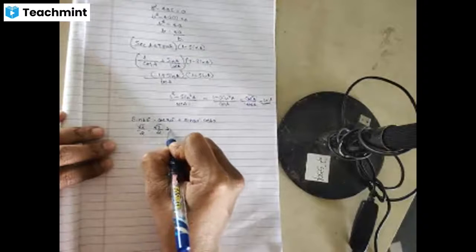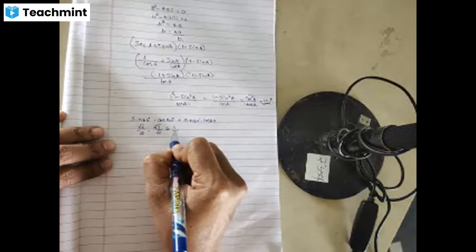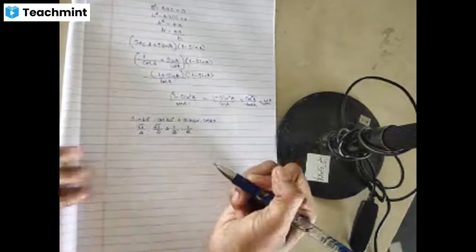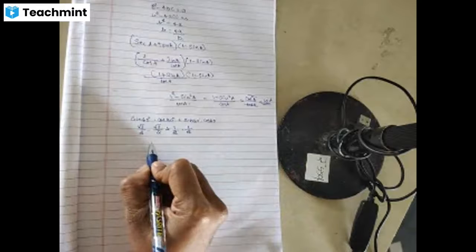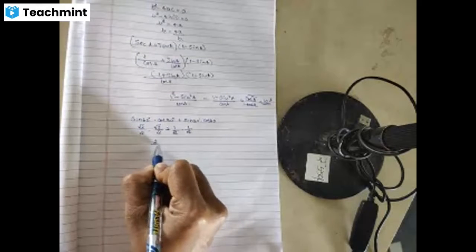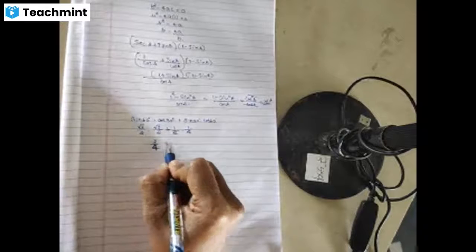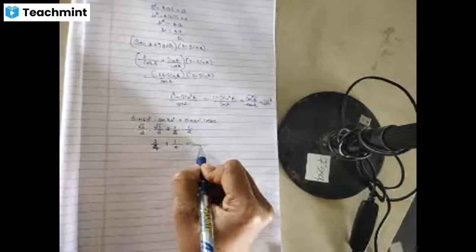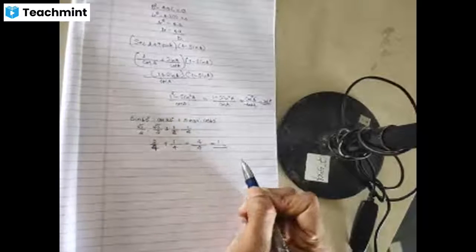Sin 30, 1 by 2. Cos 60, 1 by 2. Okay. Multiply. Root 3, root 3, root 9. Root 9 is nothing but 3. LCM is 4. Plus 1 into 1, 1, 2, 2 are 4. So LCM is same, so directly add the numerator. So 4 by 4 cancels and the value is 1.